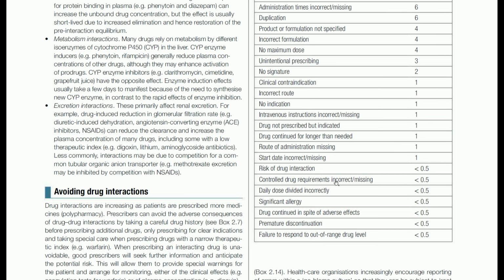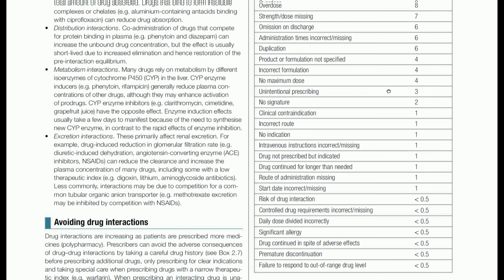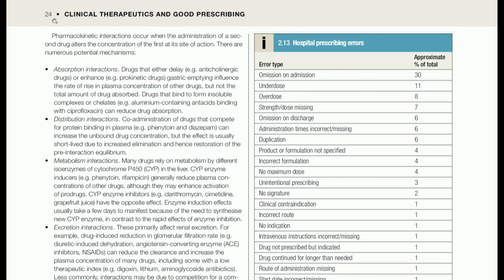Controlled drug requirements incorrect or missing less than 0.5%. Daily dose divided incorrectly less than 0.5%. Significant allergy less than 0.5%. Drug continued in spite of adverse effects less than 0.5%. Premature discontinuation less than 0.5%. Failure to respond to out of range drug level less than 0.5%. Page 24.